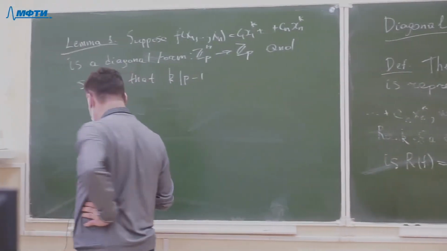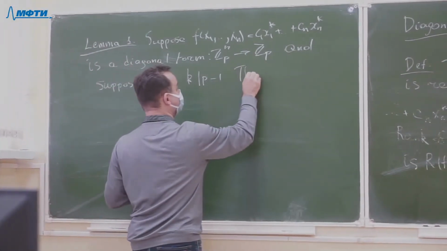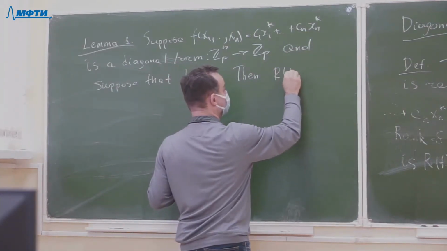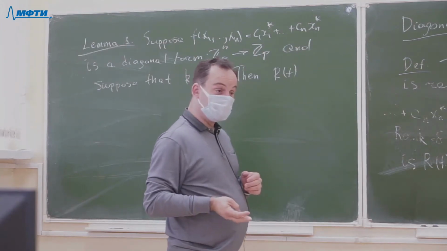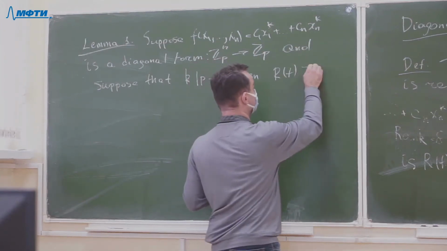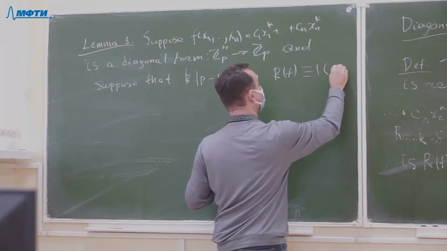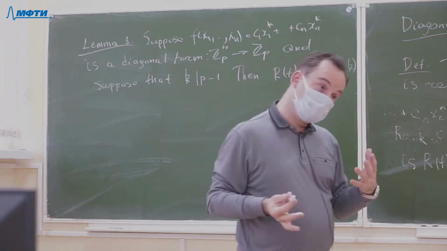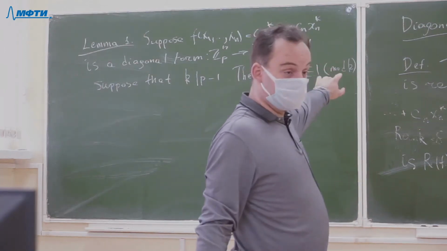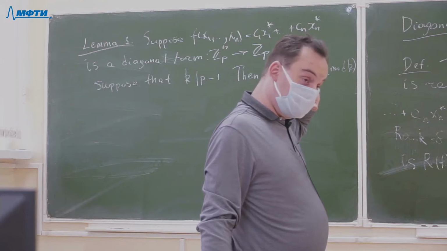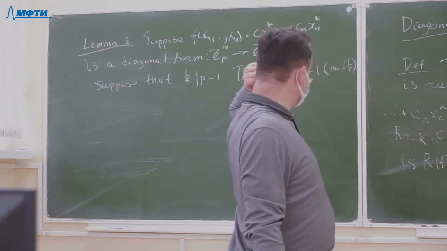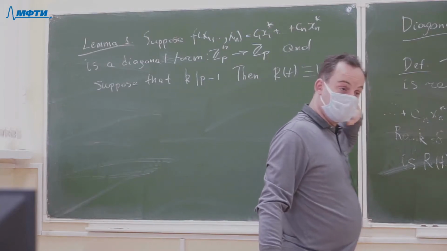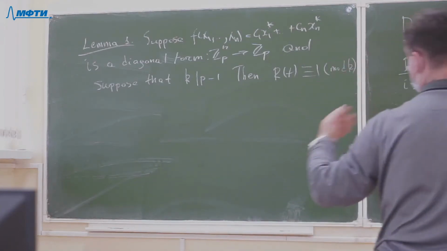Right, then the rank of the form f is equal to 1 modulo k. Do you understand the statement? It's 1 modulo k, right?